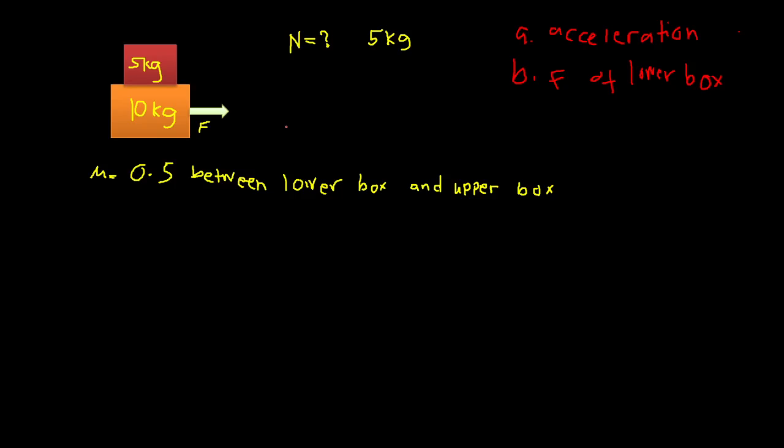But there is a static friction dito sa dalawa na to. Okay, so wala silang relative motion, pero merong static force between the upper box and lower box. And then there is no static friction between lower box and the ground. So we are to find the acceleration and the force.